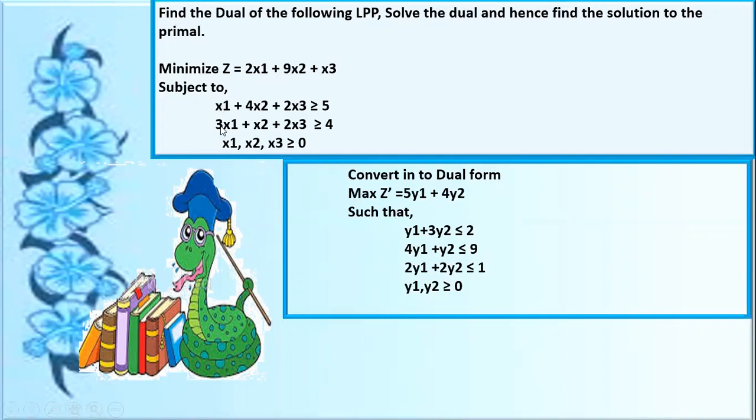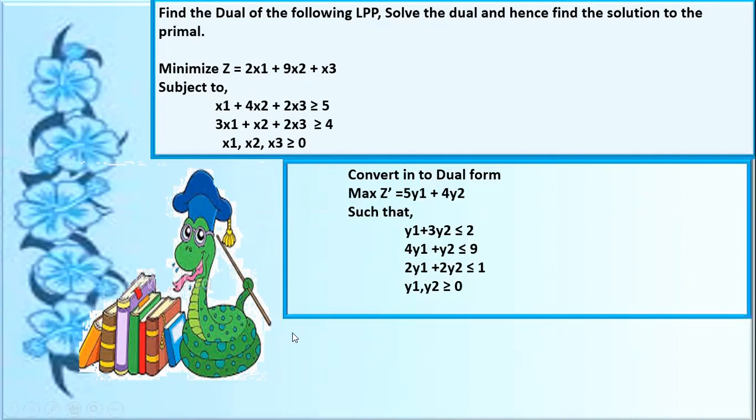So y1 plus 3y2 lesser than or equal to 2, 4y1 plus y2 lesser than or equal to 9, 2y1 plus 2y2 lesser than or equal to 1, and y1, y2 greater than or equal to 0.